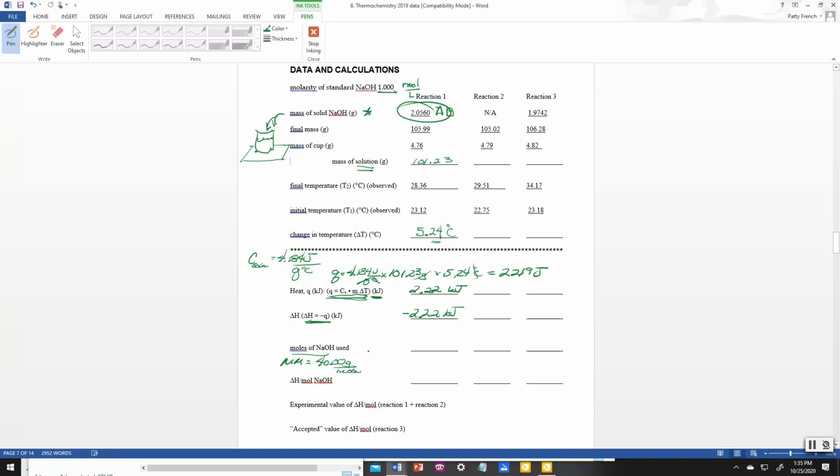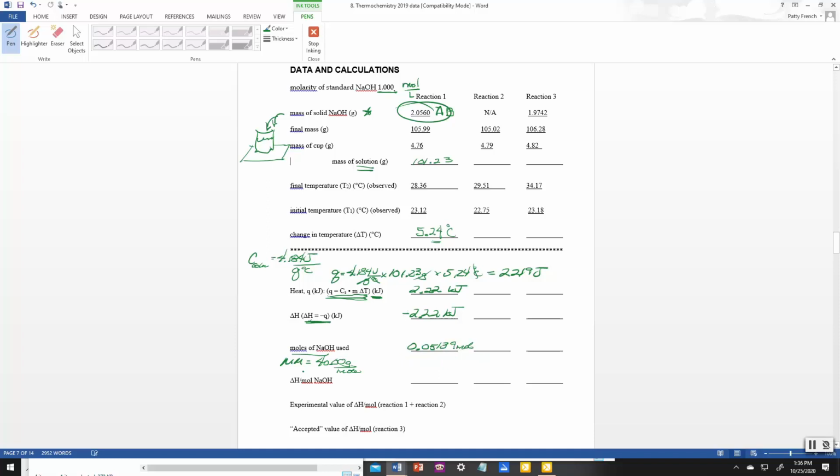Now, we started with 2.0560 grams times 1 mole over 40.00 grams, and that gave us the moles, 0.05139 moles of NaOH.